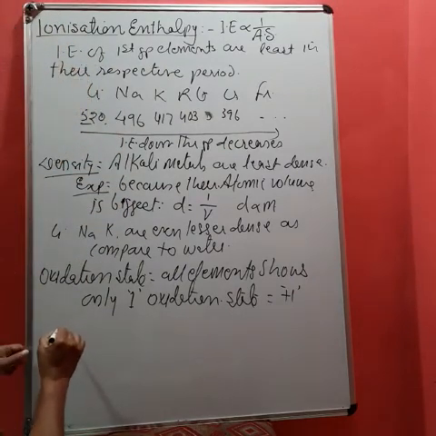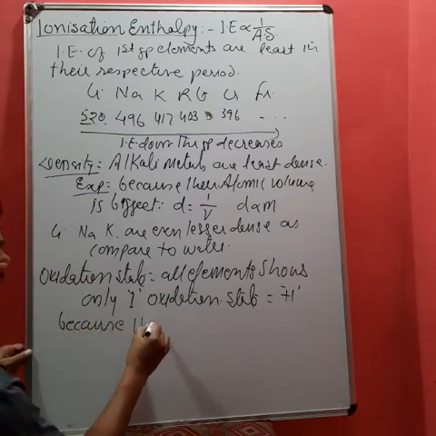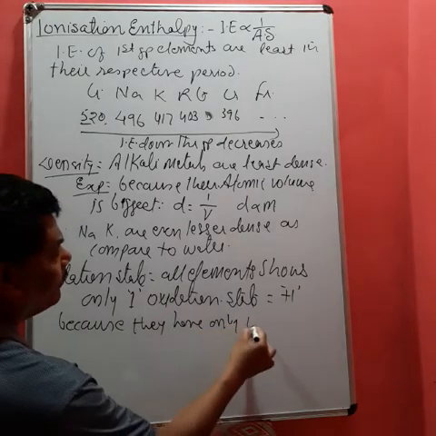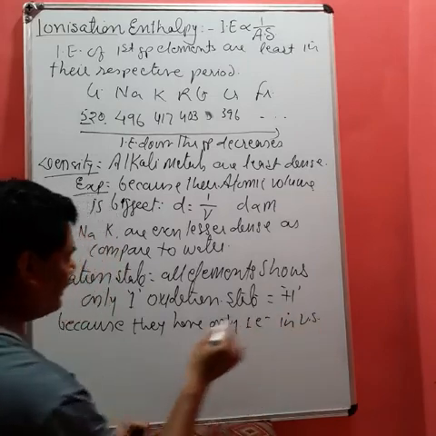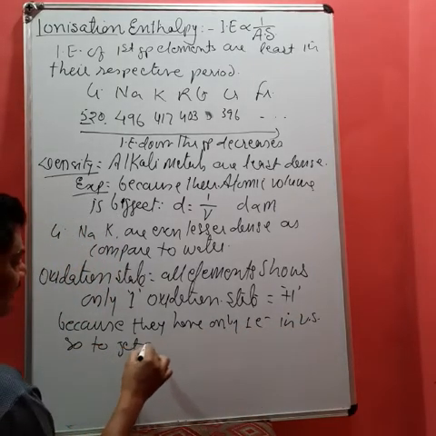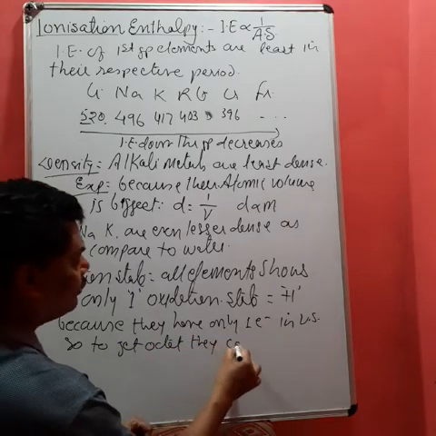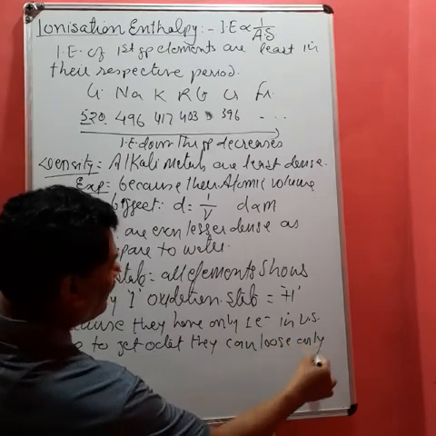Why? Because they have only one electron in what? Valence shell. So to get octet, they can lose only what?